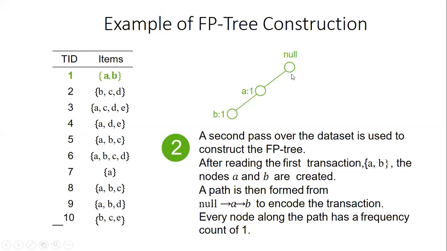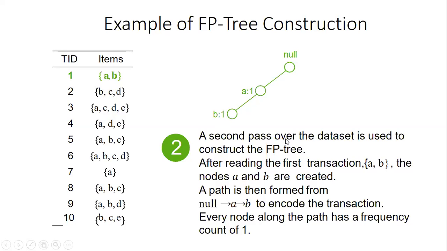Then each subnode will be an item followed by a counter. So the transaction AB: A colon 1, because A occurs once. We are considering only the first transaction first. So A's count is 1, and B's count is also 1.